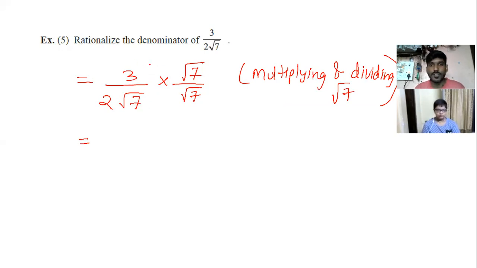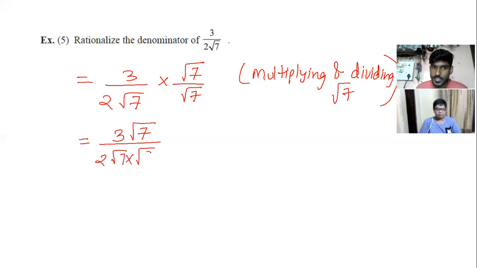So you multiply numerator with numerator, denominator with denominator. 3 into root 7 will give you 3 root 7. Correct? And denominator will become 2 root 7 into root 7. Now numerator will write as it is, 3 root 7. Denominator will become 2. Can you tell me next?